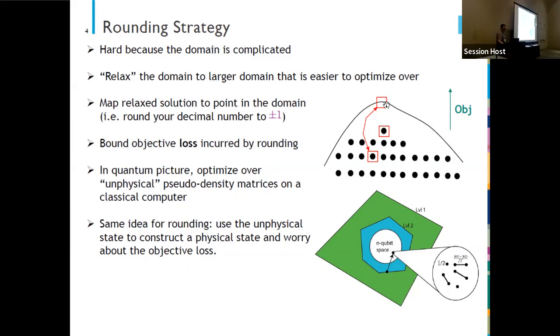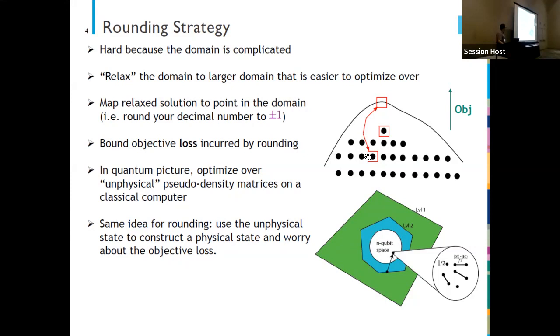We find the best possible point in this relaxed region, and then we have some procedure called the rounding algorithm, which takes this infeasible point and maps it to a feasible point. The thing we have to do is bound the loss in objective that procedure took.